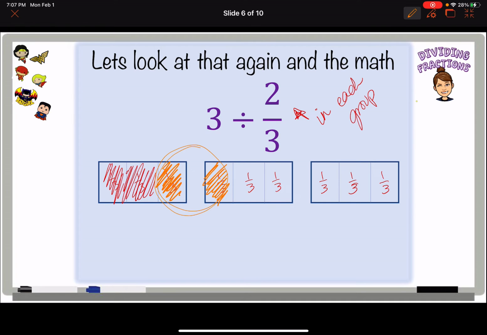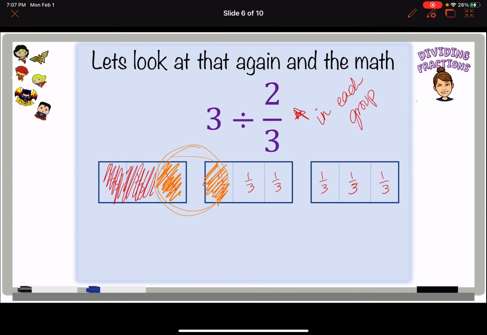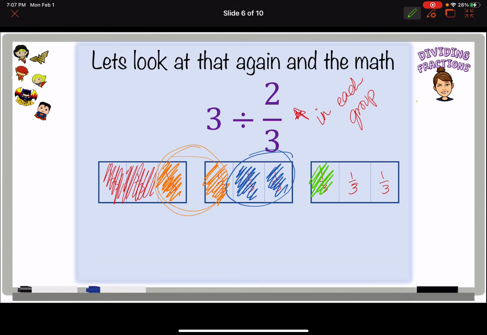And I can even circle it if it makes it a little easier for us to see. Actually, let's change that color here. And then 1, 2. Here's another group. 1, 2.